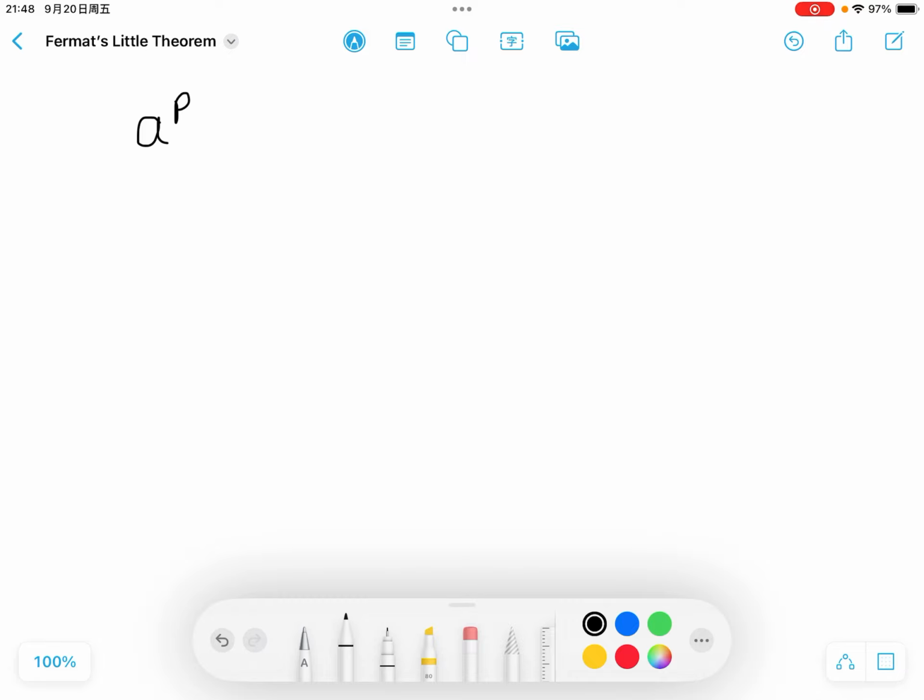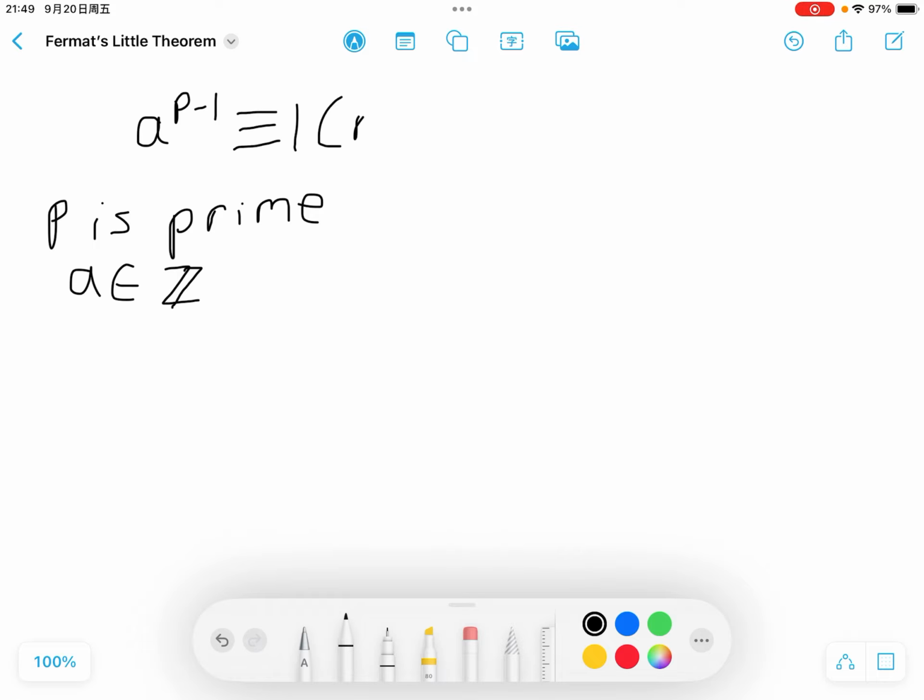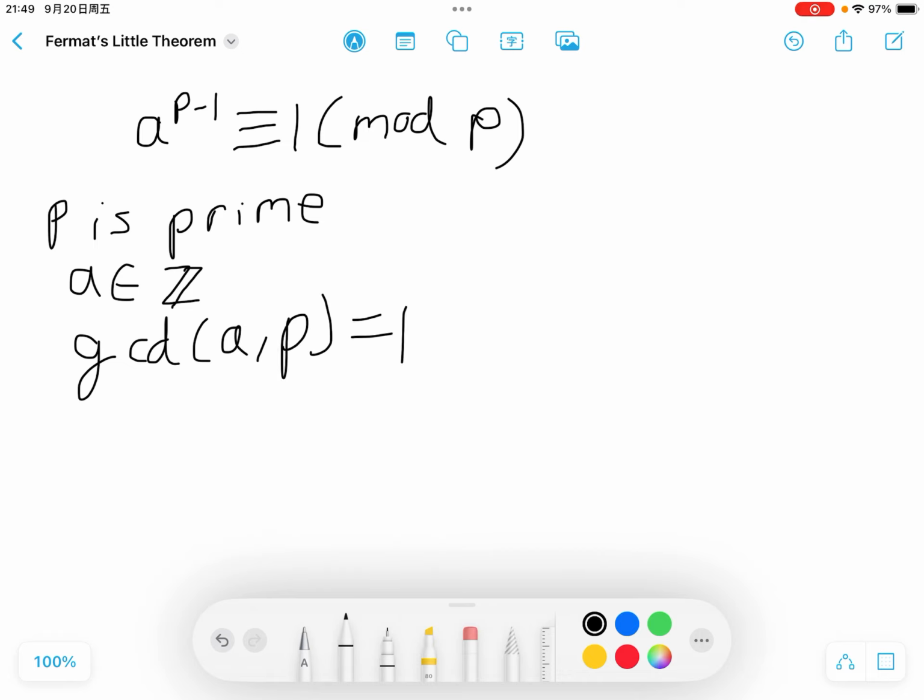As long as my p is prime and my a is an integer, essentially what's going to happen is a to the power of p minus 1 is congruent to 1 modulo p. This is also given that the greatest common divisor between a and p is equal to 1. So that's just Fermat's little theorem.